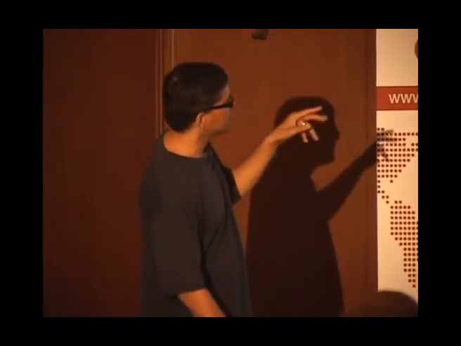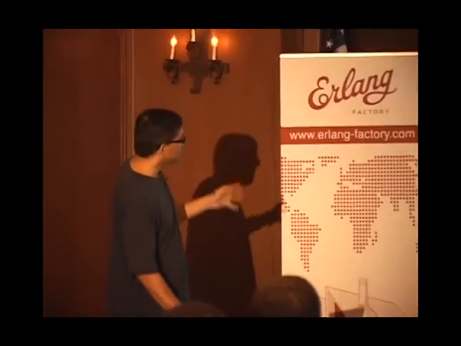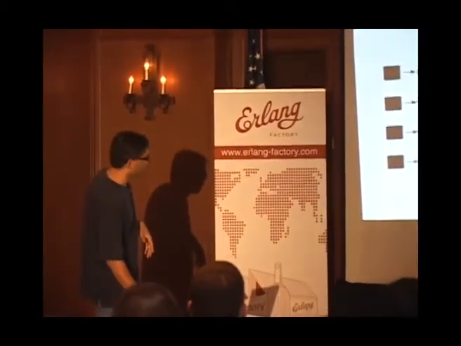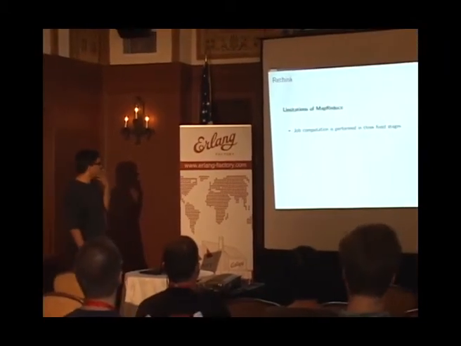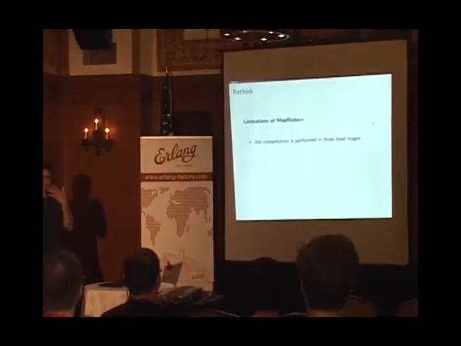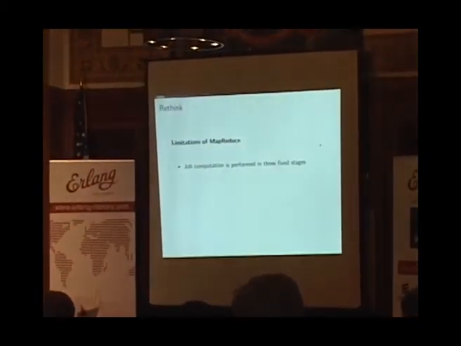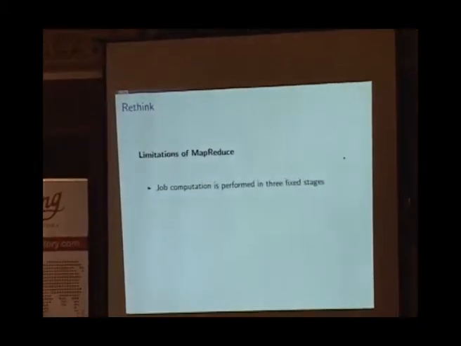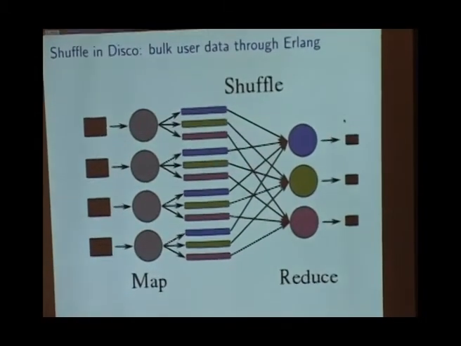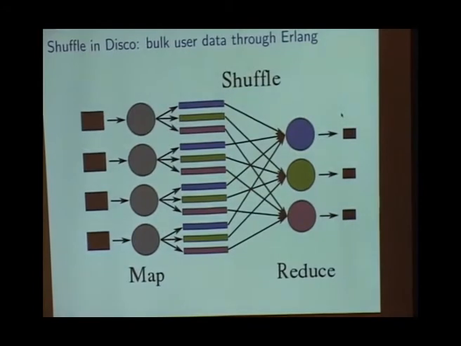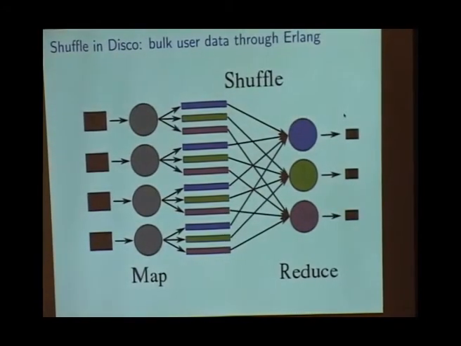So in trying to address these two issues, we took a look at what's happening here, and we rethought the whole MapReduce idea. There are certain problems with the whole MapReduce idea, which is that the job computation is done in 3 fixed stages. There's a map stage, there's a hidden shuffle stage, and there's a reduce stage, and it's inflexible.